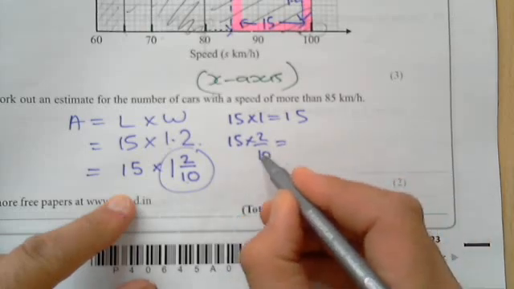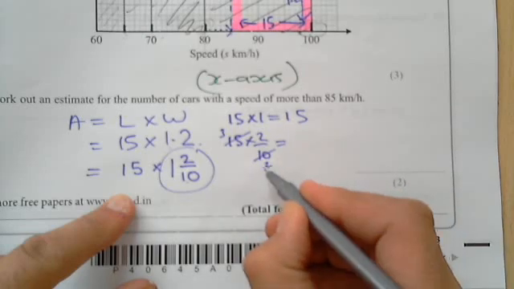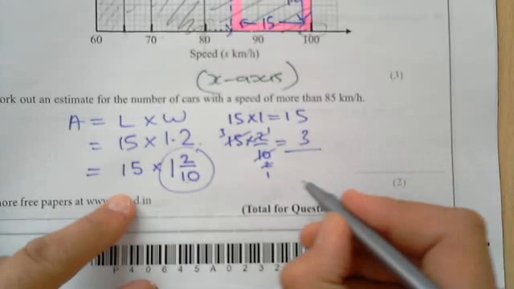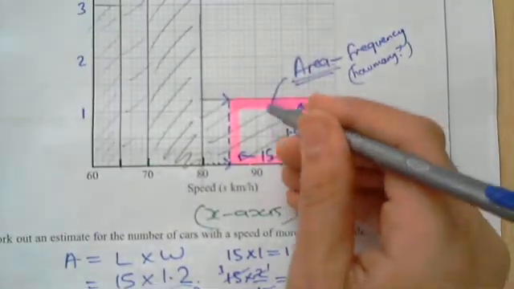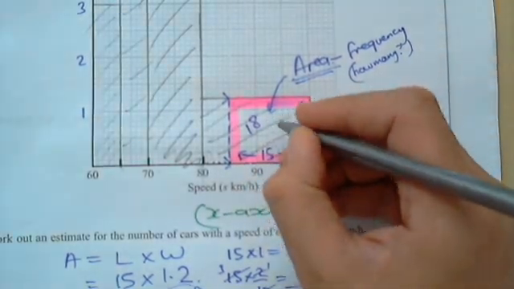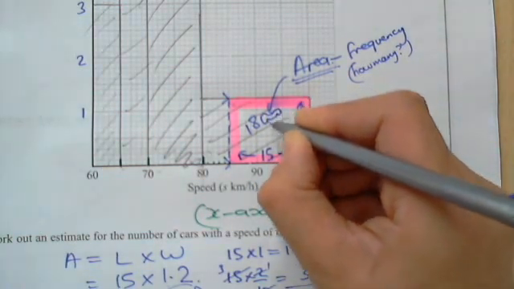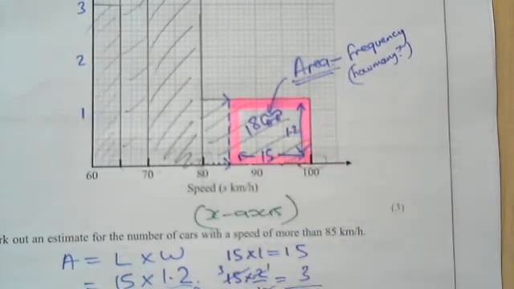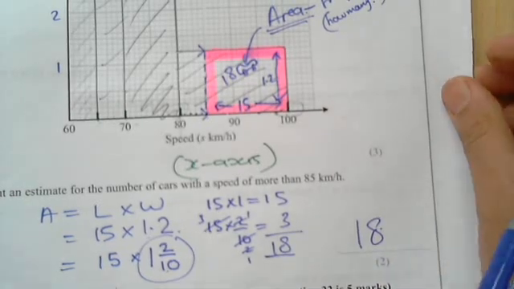So 15 times 2/10, we divide that by 5, then multiply by 2. That will give you an answer of 18. So in this pink region here, we have 18 cars. That's the area. So our final answer is 18 cars.